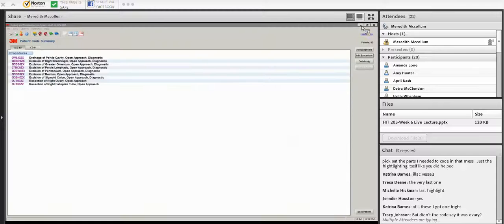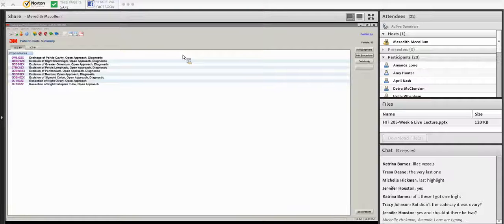Jennifer, are you talking about two for the fallopian tube? Hold on, I think I'm following two different ones. Okay, so Tracy, you're asking the code, did it say it was ovary? Yes, there's a right ovary and a right fallopian tube, though I disagree with these two. It's not proven to me that they were done.